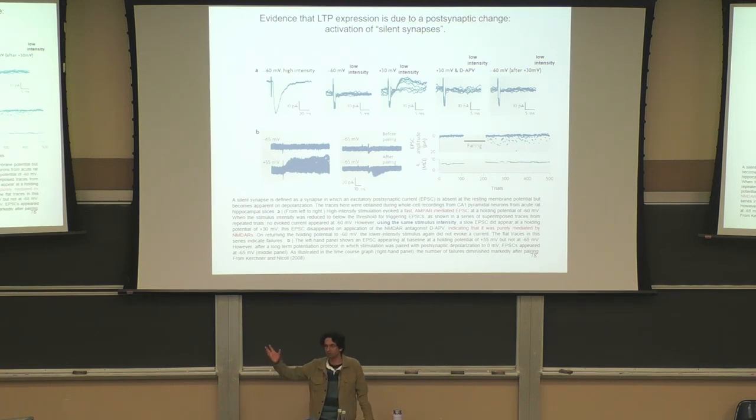The more AMPA part is the postsynaptic strengthening, and the lower failure rate is a presynaptic strengthening. Okay, and then there's this even more strange thing that happened, which was that LTP experiments showed that there was a thing called silent synapses, which wasn't known before LTP was being studied.